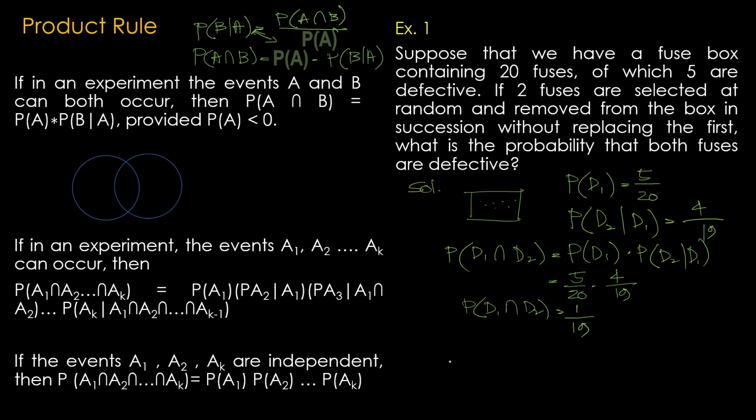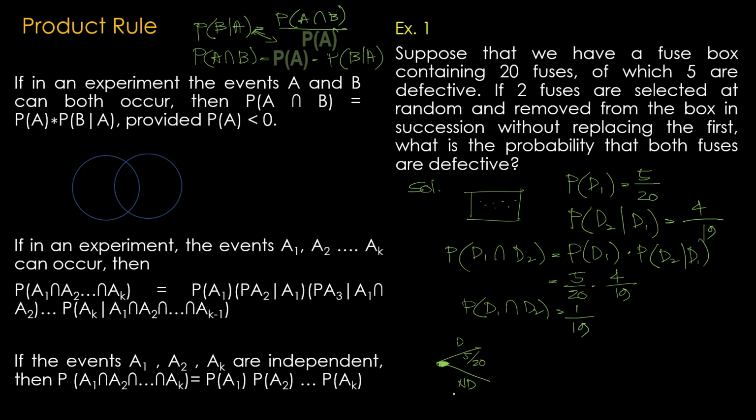Okay, from the start, you have 2 choices. Either you can draw a defective and a non-defective. In your first draw, say you've drawn a defective fuse, the probability of that is 5 over 20.